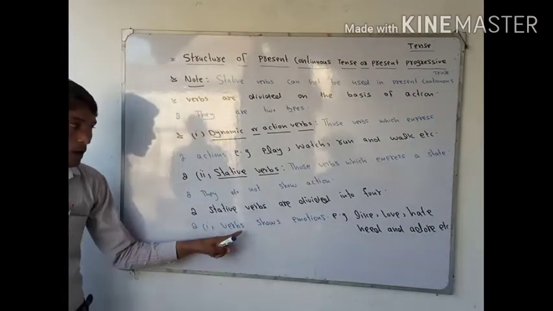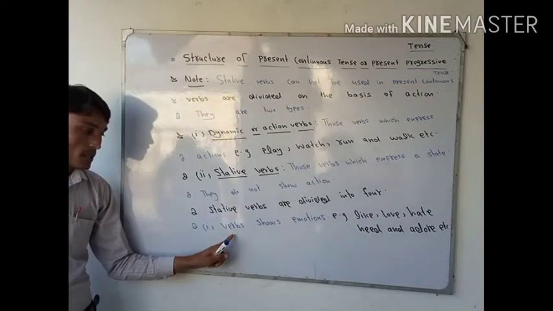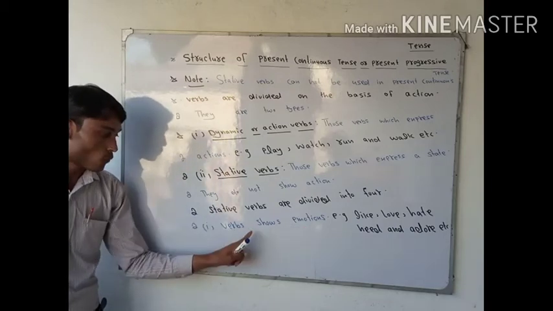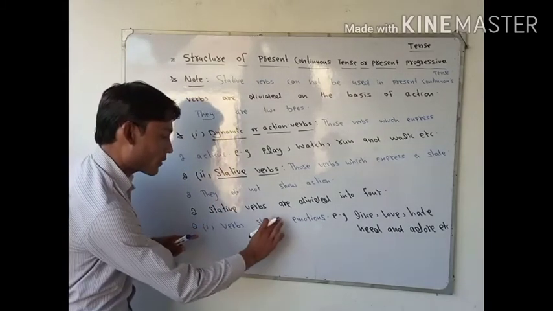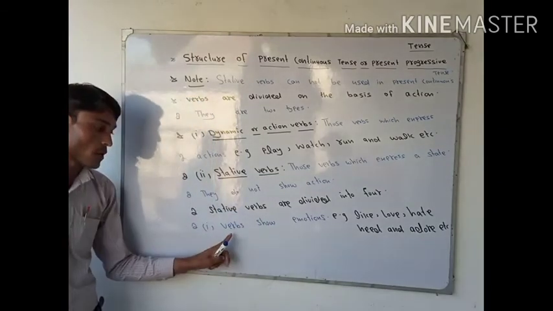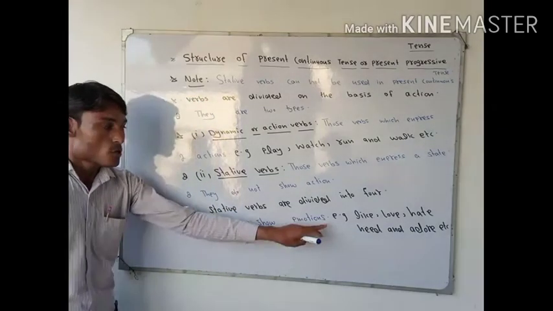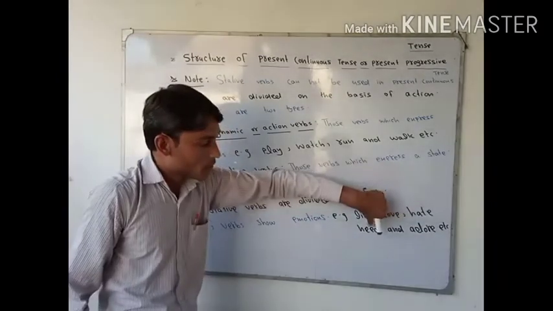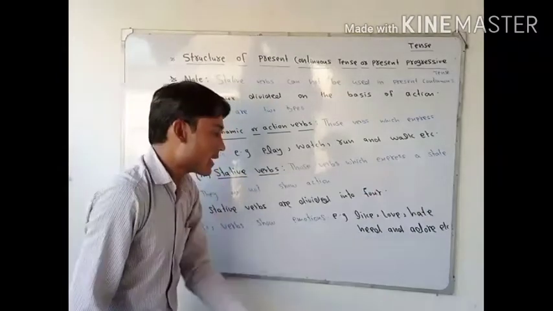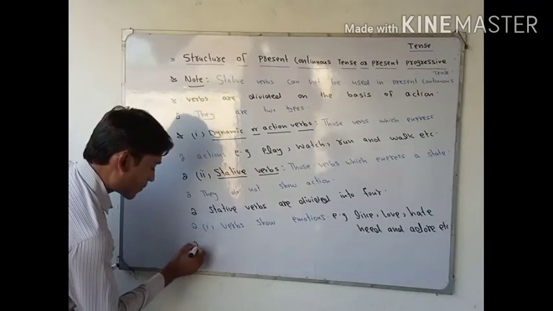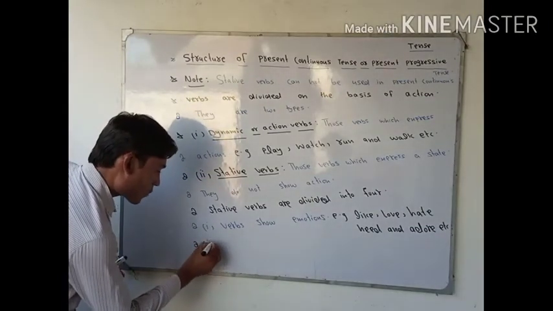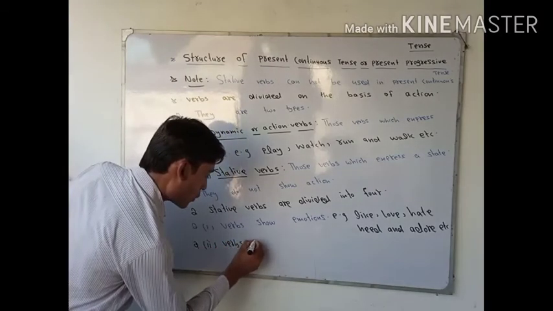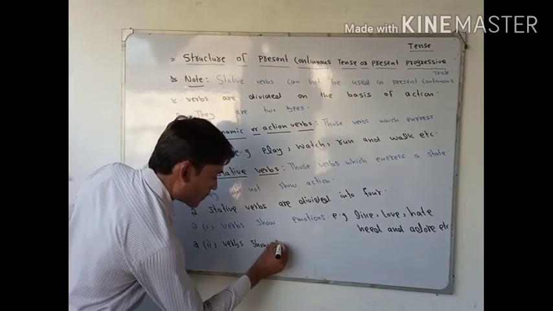Stative verbs are divided into four. The first one is verbs that show emotions, for example like, love, hate, need, and adore. The second is verbs that show possession.